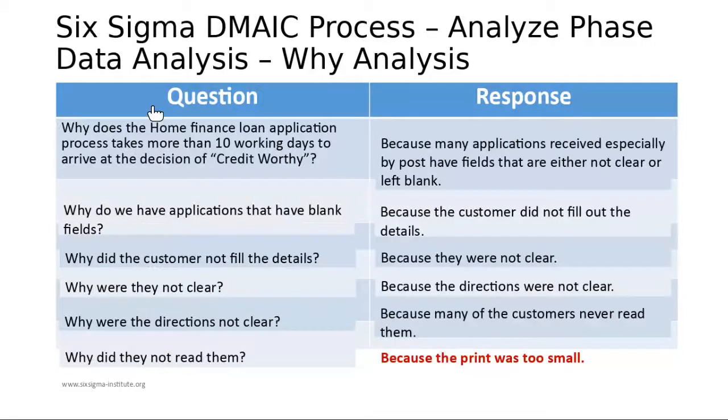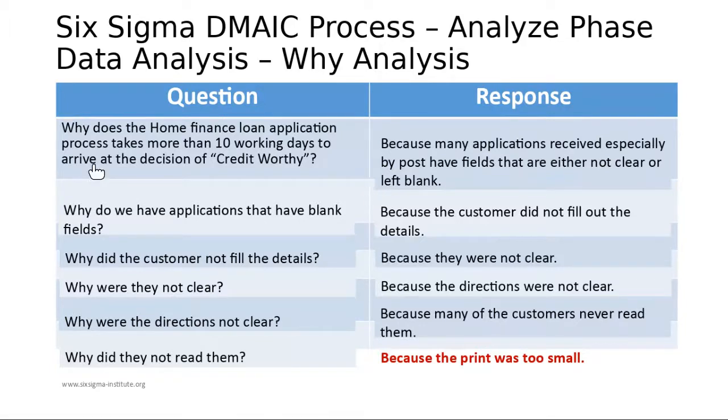You do the why analysis, or the 5 whys, with the process providers, the people who work in the process, not the customers. The response to that question was: because many applications received, especially by post, which is mail, have fields that are either not clear or left blank. So the applications are many and not well written or filled.